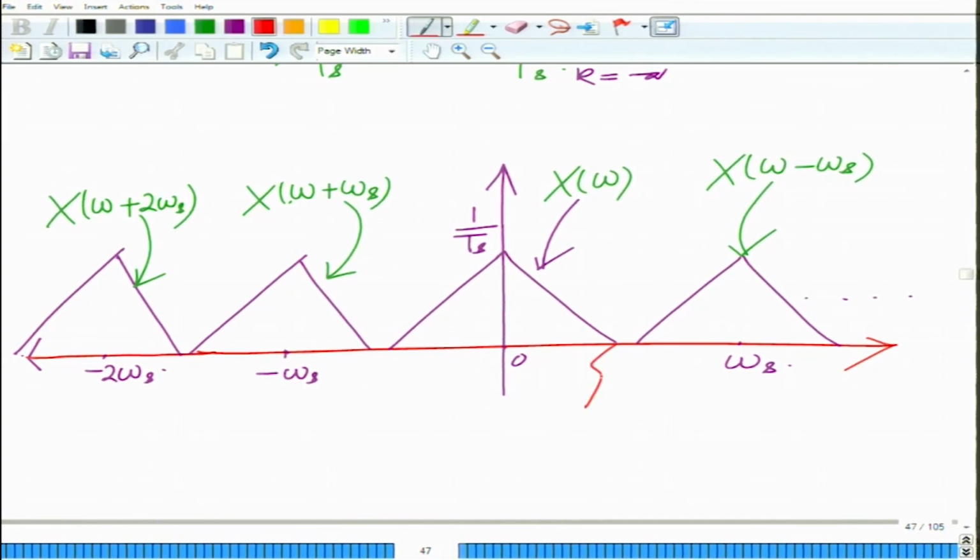If you look at this point, this is omega m, and this point of the shifted one is omega s minus omega m.